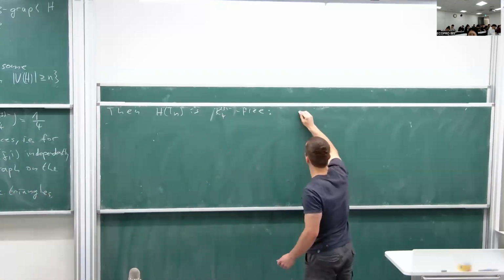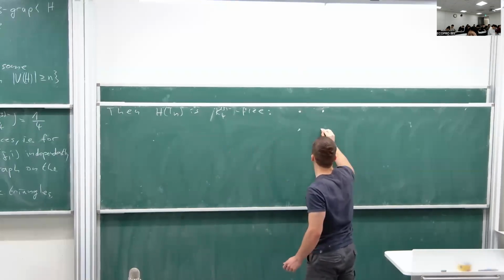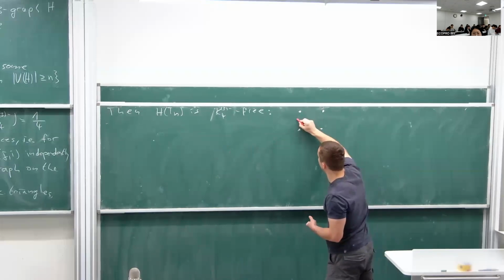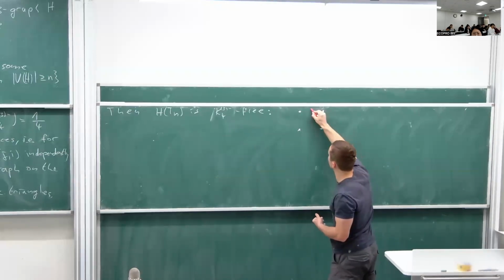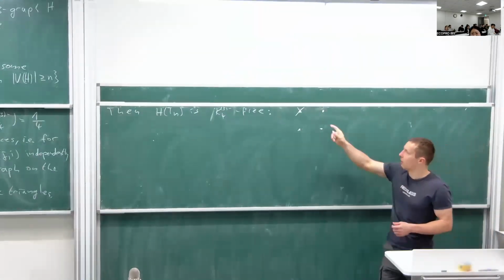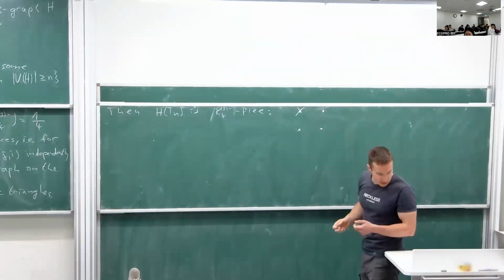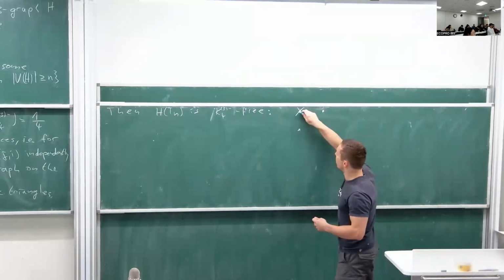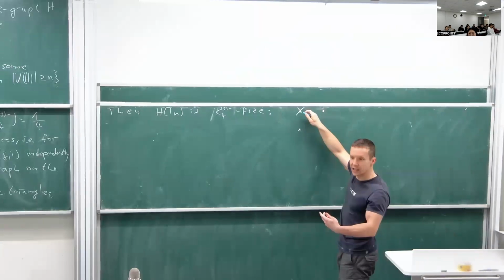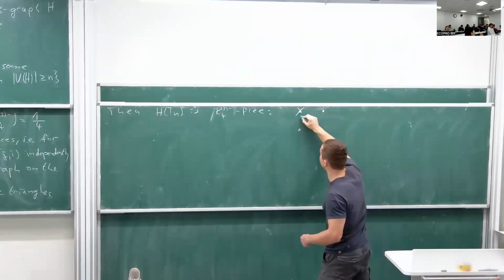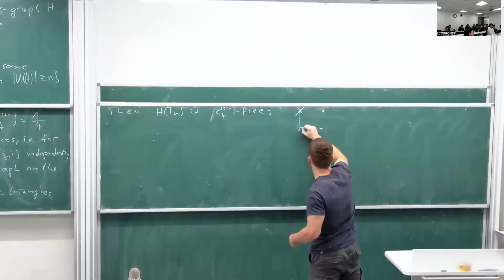If we would have a K4^{-3}, then in particular, we have this edge. I try to always think of the K4 with the apex in the upper left. So we have this edge, which means that the orientation of this one has to go either around like this, because it has to be a cyclic triangle, or around the other way. Okay, so without loss of generality, we can say that the orientation goes like this.